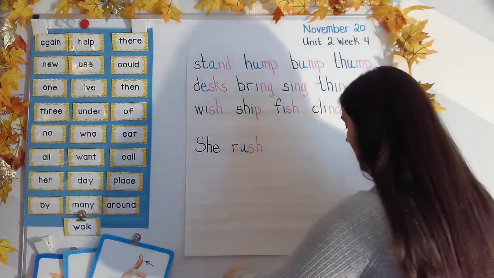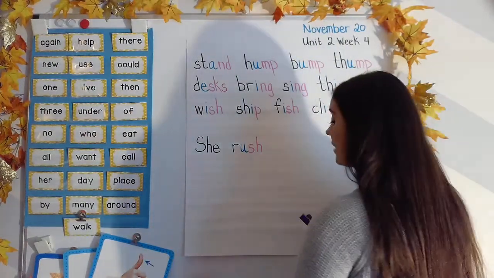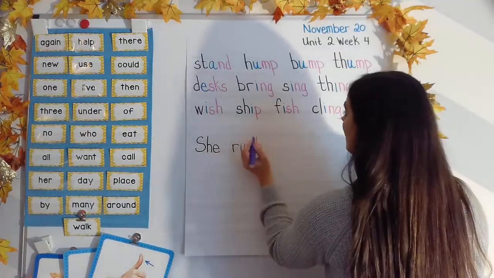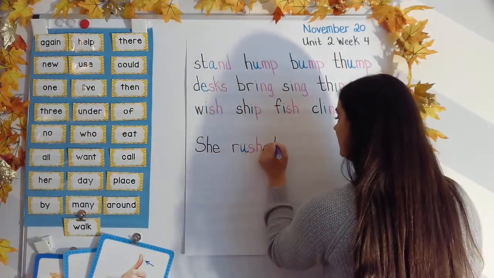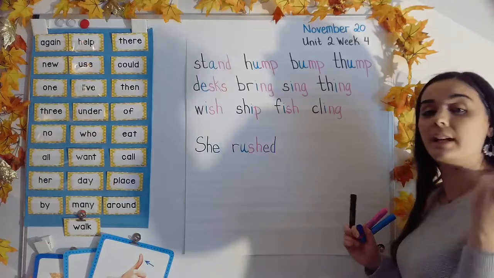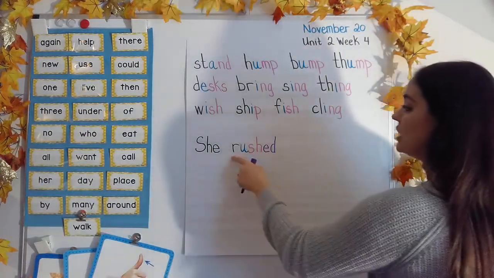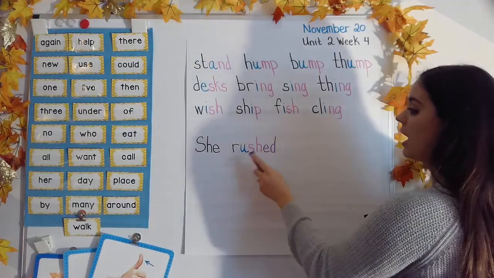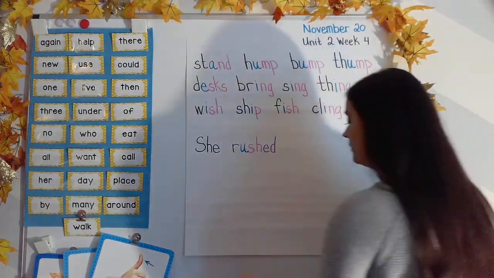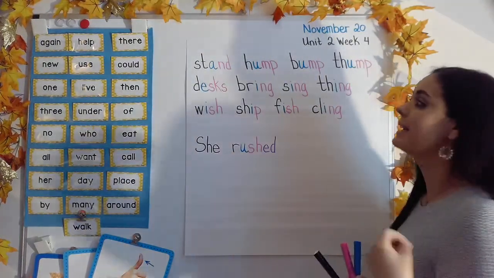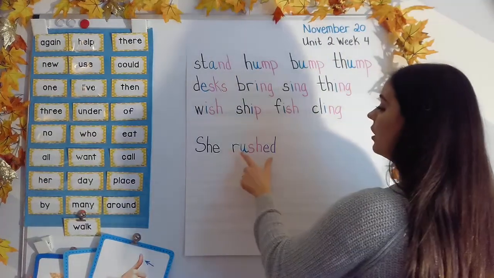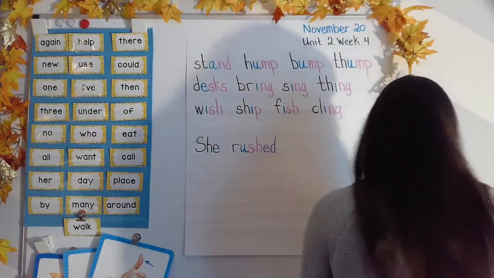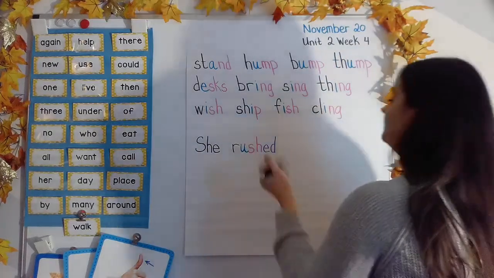I have to make sure that I am using the correct tense. I have to add ed to show that it happened yesterday. She rushed. We can still blend it. Rushed. We talked about that how ed kind of sounds like T. Rushed. She rushed.